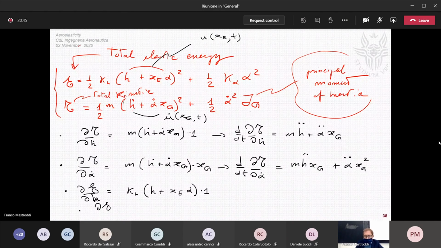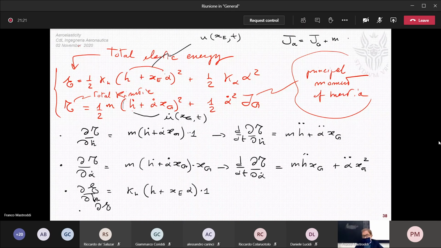And pay attention, this is not J alpha, this is Jg, the principal moment of inertia. In particular, you know by the Huygens relationship that the moment of inertia with respect to the elastic center is equal to the minimum moment of inertia, which is the moment of inertia with respect to the center of mass, plus the mass times the offset between the elastic center and the center of gravity.